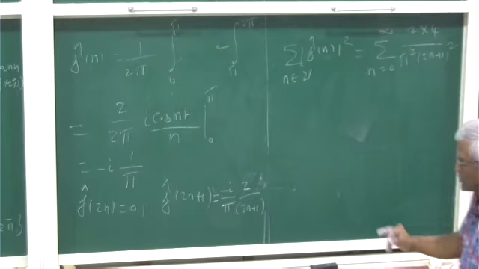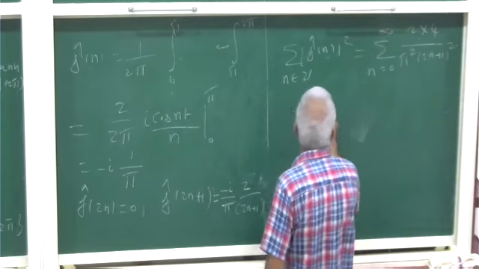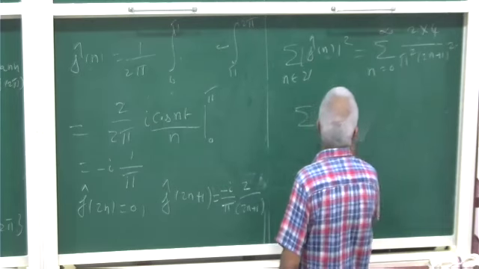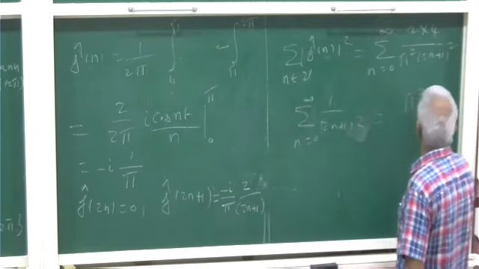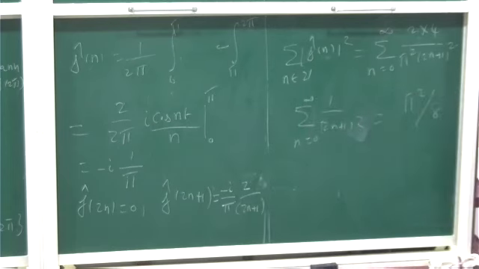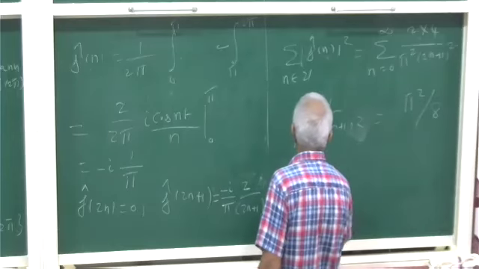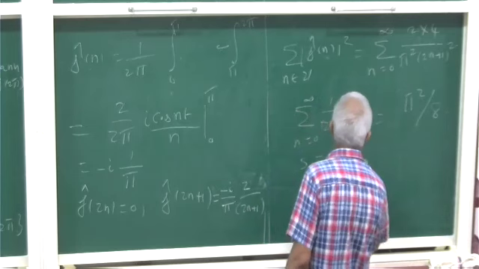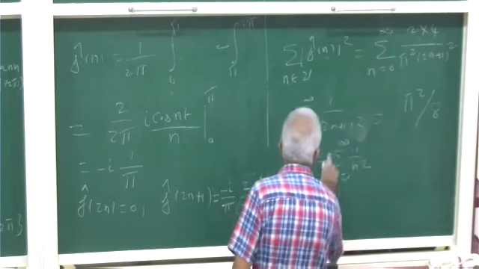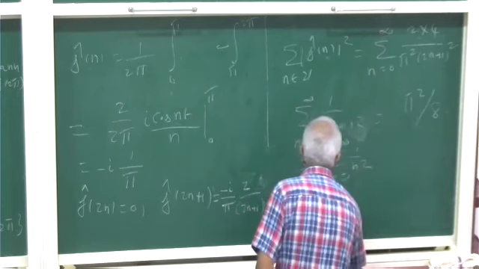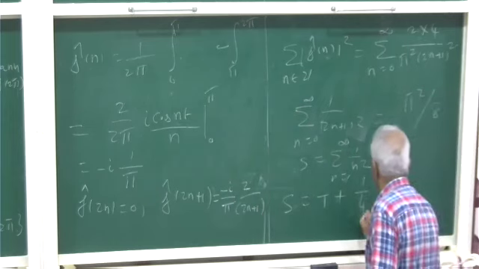It's better to do the computation. So these things imply the sum of 1 by 2n plus 1 whole square, n equal to 0 to infinity, equals this, which is what we have got. But then if S is equal to the summation of 1 by n square, n equal to 1 to infinity, then the sum of 1 by 2n square you can calculate, which is just 1 into S, right?